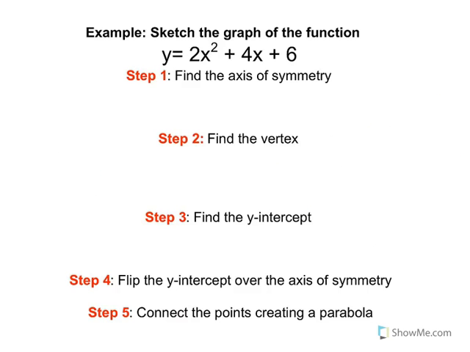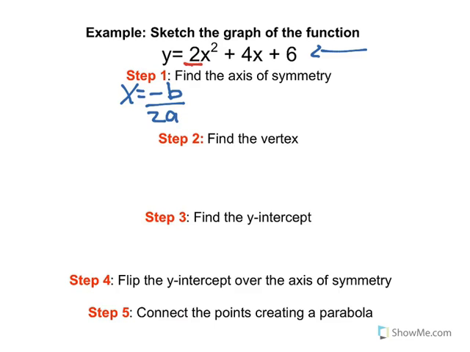So let's look at an example. We are going to graph this function, y equals 2x squared plus 4x plus 6. Remember, if you need more time, you can pause the video. First we're going to find the axis of symmetry using x equals negative b divided by 2a.